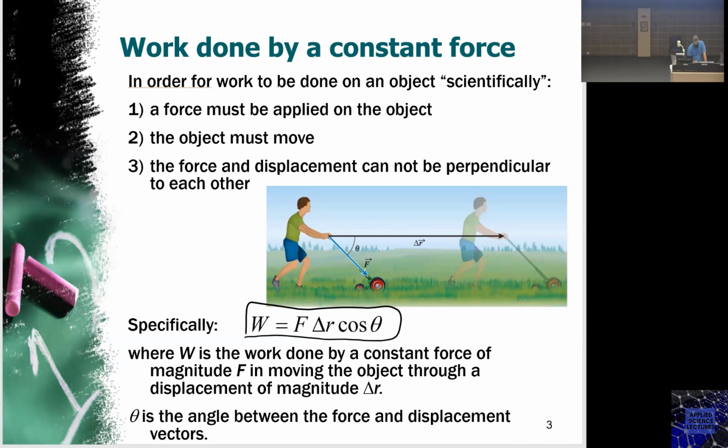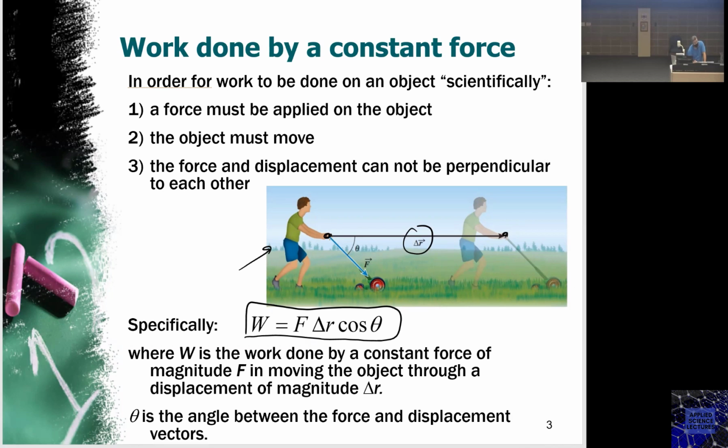So if you look here at this man who is pushing this lawnmower, he is exerting a force on that lawnmower. This force results in the lawnmower moving a displacement. So my displacement as a vector between this point and that point is delta R vector.